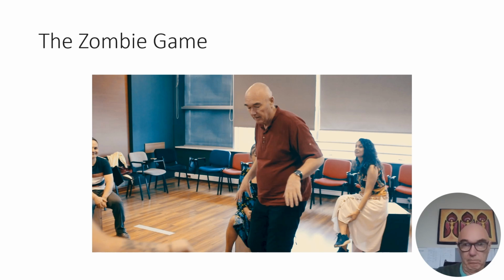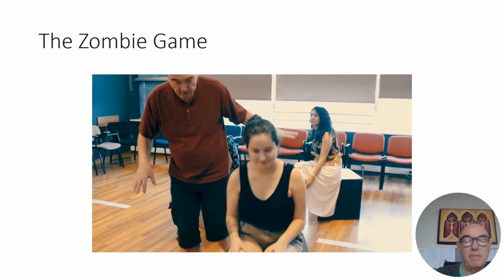This is a team problem-solving activity where one person is a zombie and the group have to work together to prevent the zombie sitting down. There is one empty chair and the group have to make sure that they occupy the empty chair before the zombie can sit on it. I'll show you a brief demonstration.